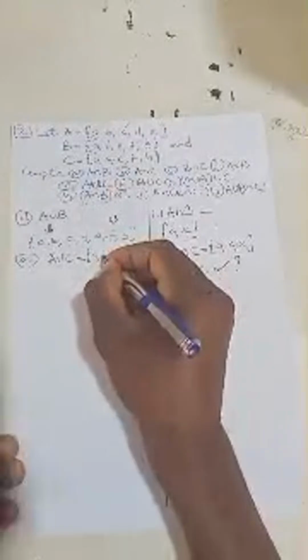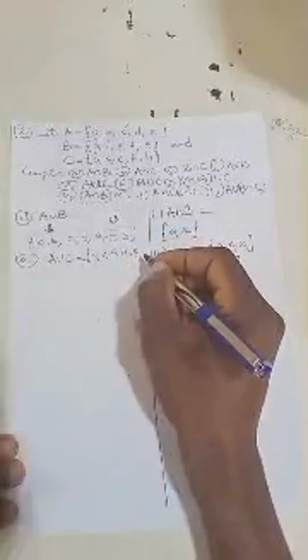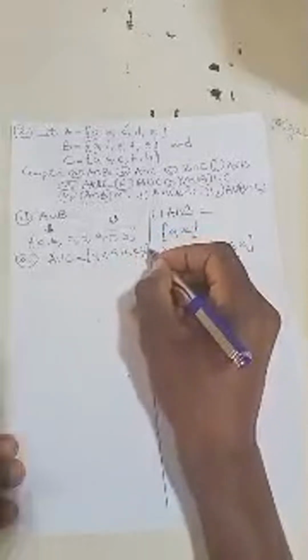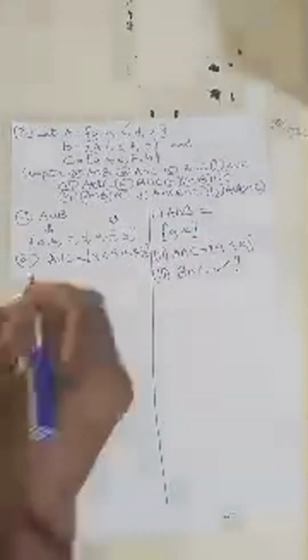So we're going to have the set A, B, C, D, E, F, and H. That's your A union C: A, B, C, D, E, F, and H.